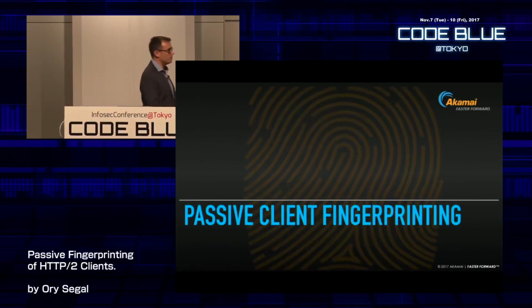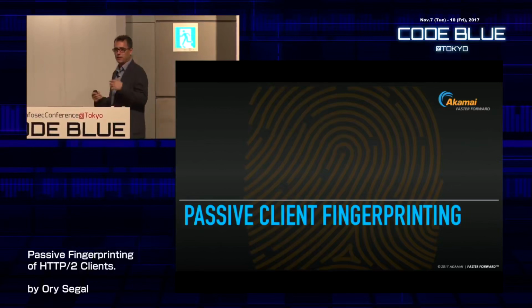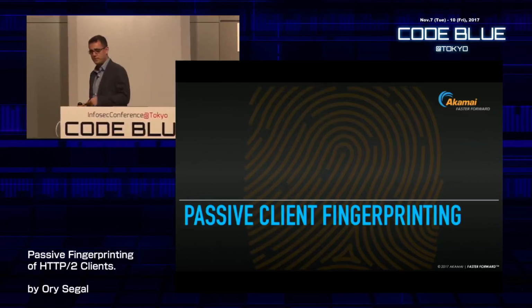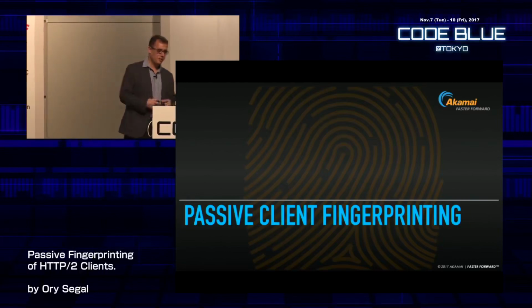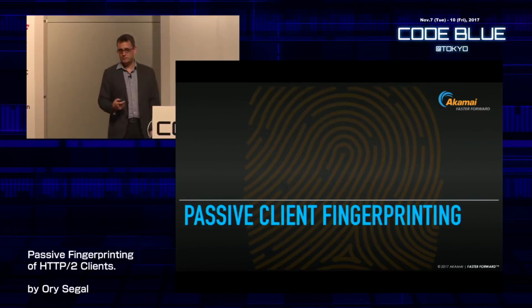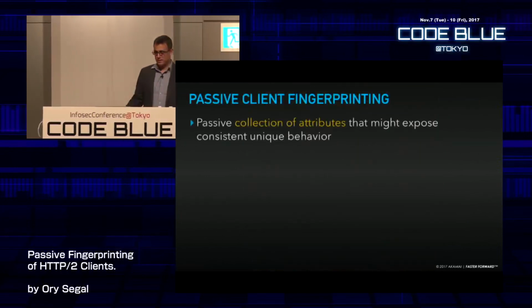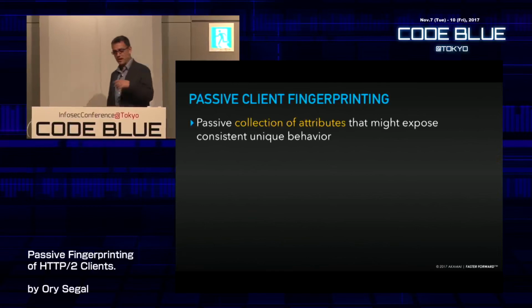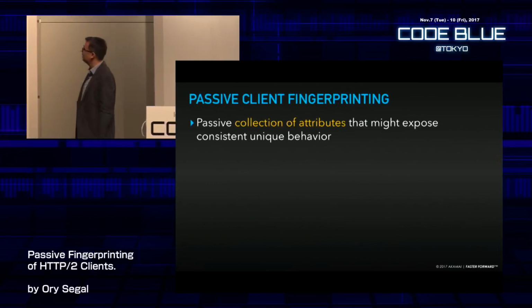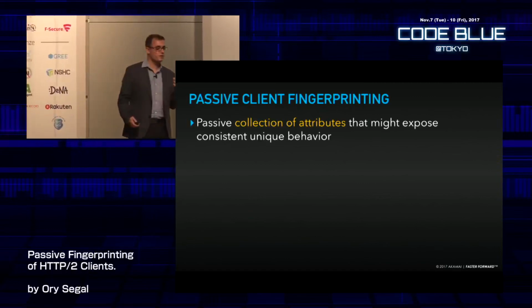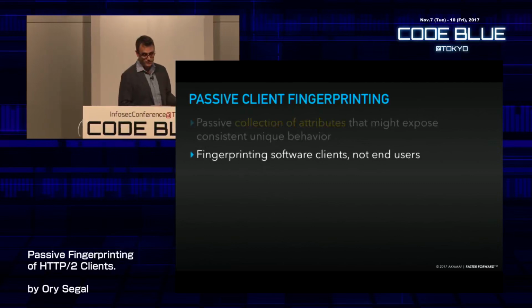So a few words about passive client fingerprinting. I'm pretty sure that most of you have used tools like p0f, or I call it POF, or other passive client fingerprinting, like Nmap does, some passive, mostly active, by the way. But why do we need passive client fingerprinting? This is the passive collection of attributes that clients and servers exchange during a conversation to try and understand what is the other party, what kind of client it is.